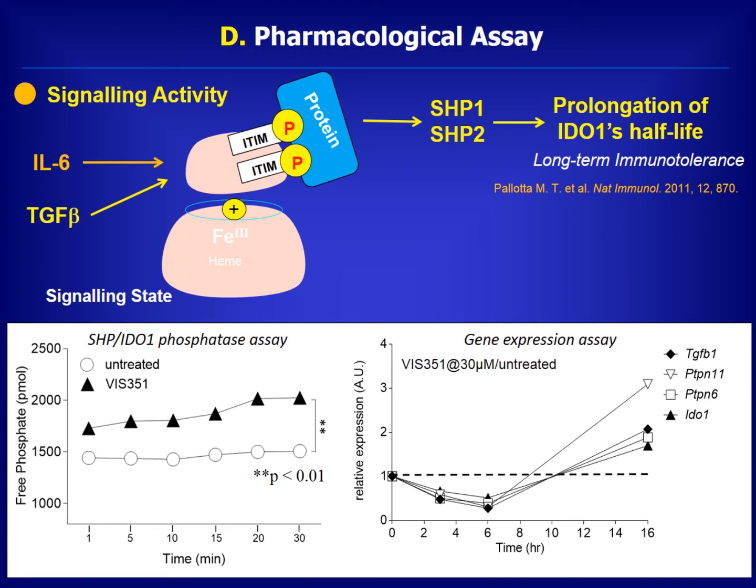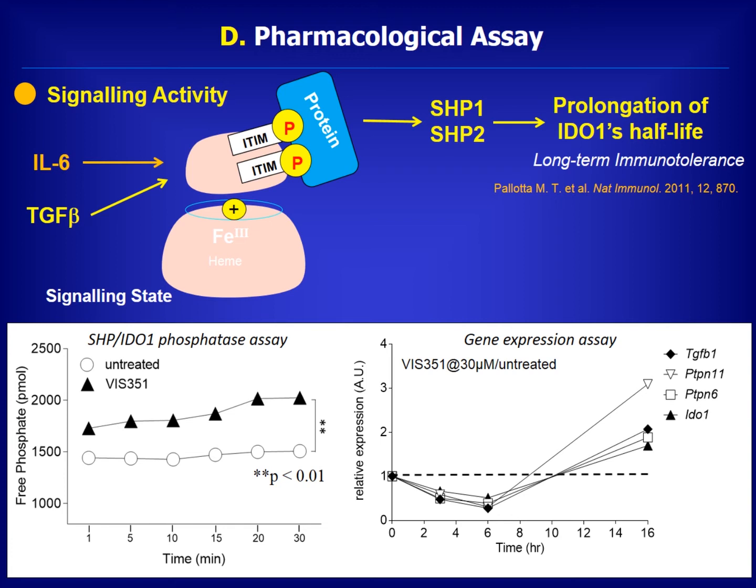We saw that treating these cells with 30 micromolar of our compound over 16 hours, we were able to observe the expression of genes which encode for proteins involved in immune checkpoint modulator functions and in long-term immunotolerance.